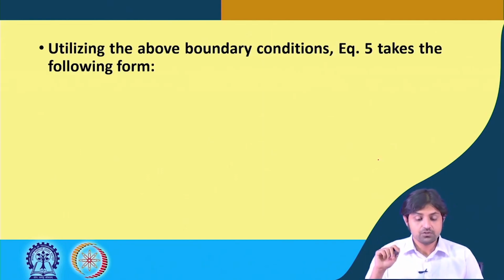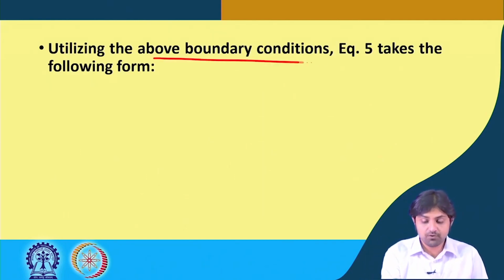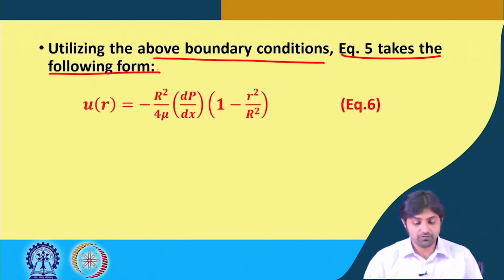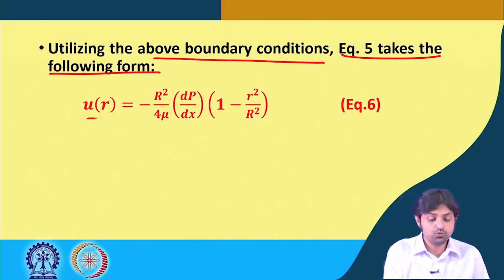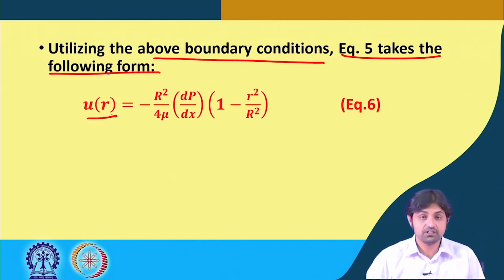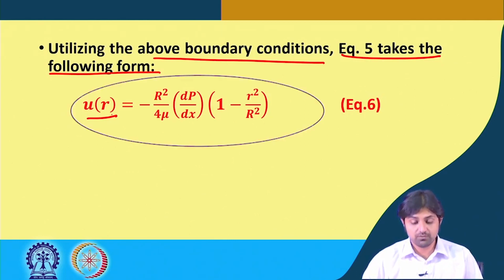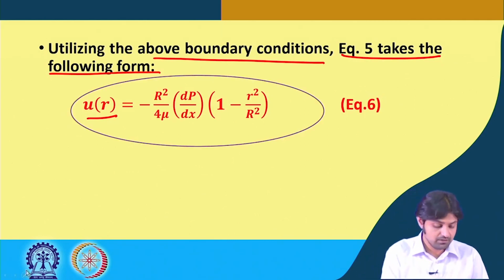Okay. So, if we utilize the above boundary conditions, equation 5 will take the following form. Our C1 and C2 will be eliminated, and we will have u as a function of r given as minus r square by 4 mu multiplied by dp dx, whole multiplied by 1 minus small r square by capital R square.